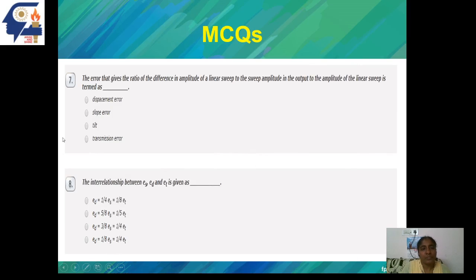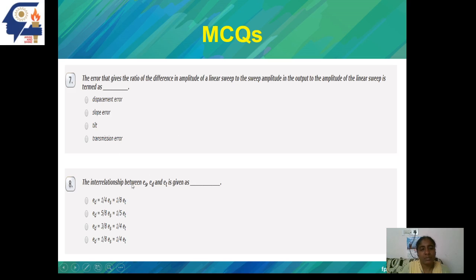Next question, the error that gives the ratio of the difference in amplitude of the linear sweep and the output sweep to the amplitude of the linear sweep. Our input waveform is a linear waveform and the output is a distorted waveform. So the difference between input and output divided by the amplitude of the input is termed transmission error.